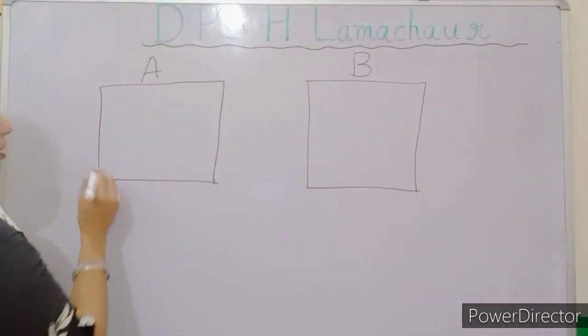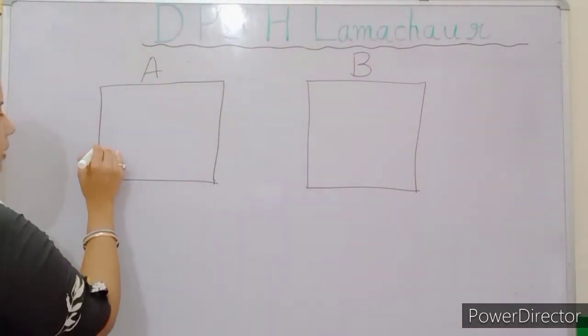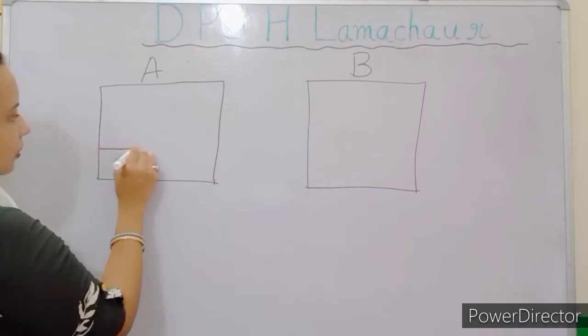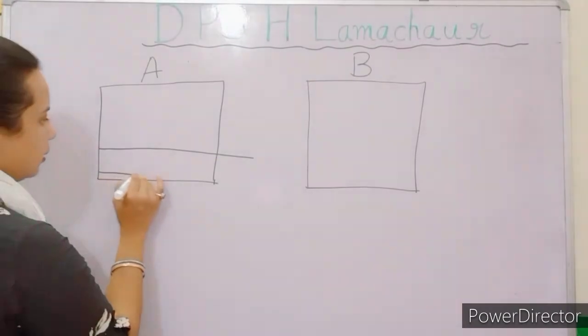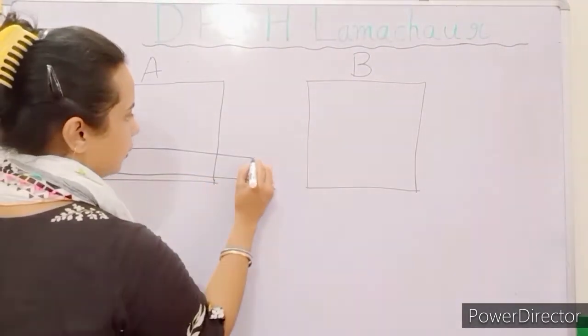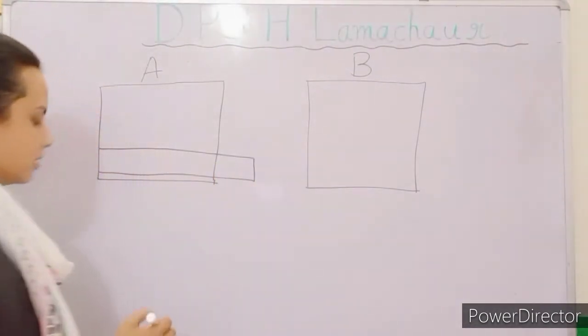Now in this box we put the scale straight. Okay, for example, this is our scale and we put it like this.